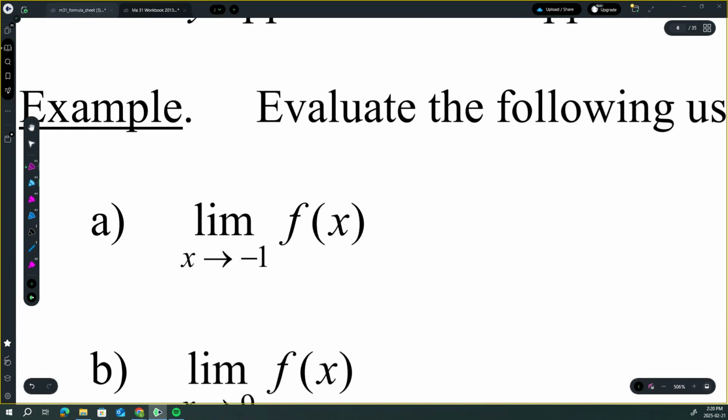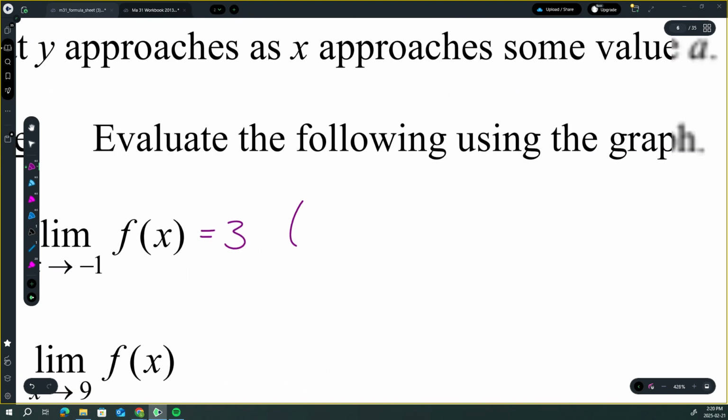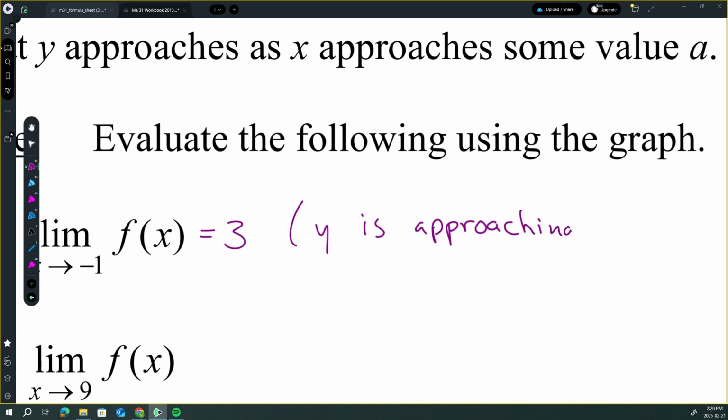So I'm going to write equals 3. I'm just writing down what I said out loud. This means that y is approaching 3.